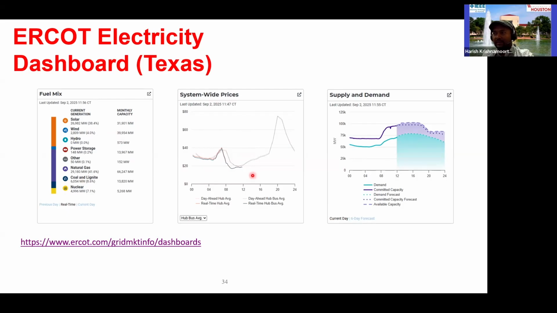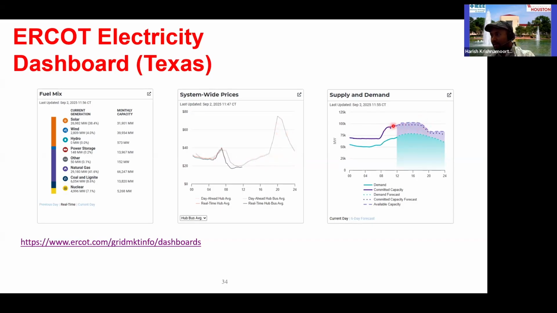Then the second one is the system-wide prices. So this dotted trace is the predicted price for today in ERCOT. This is the bus average, right? So if you notice how the trend goes, the price of electricity is high during the evenings. Again, that's because we noted earlier that during the evening times, the supply and demand gap is reducing, which you can see on the right.